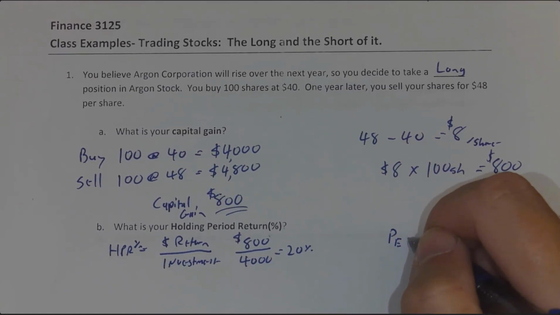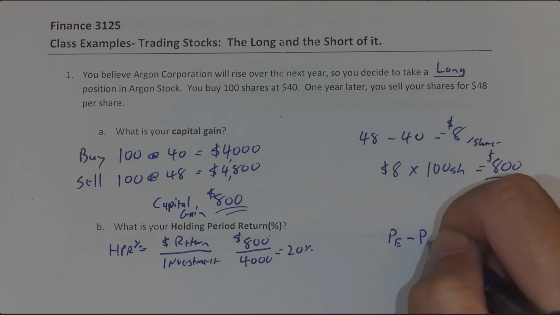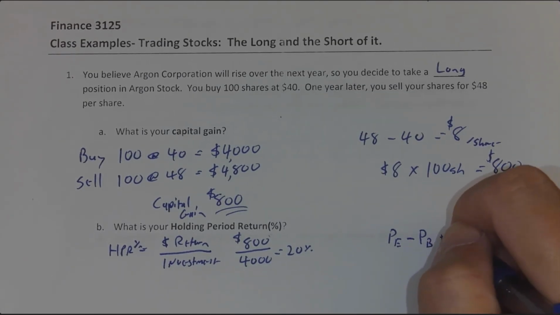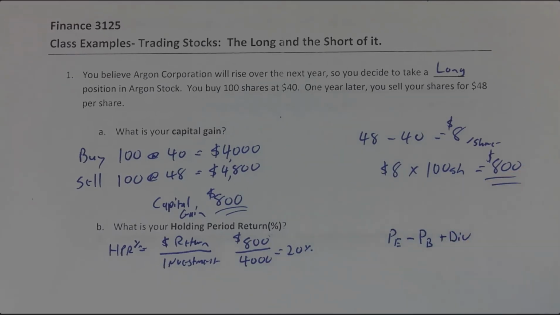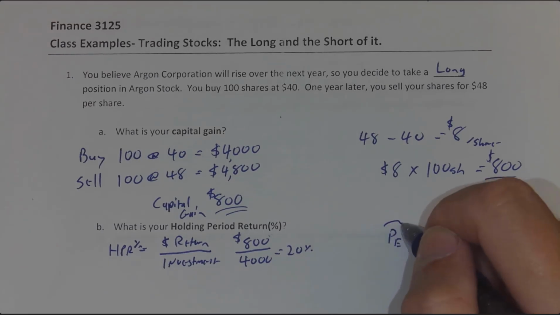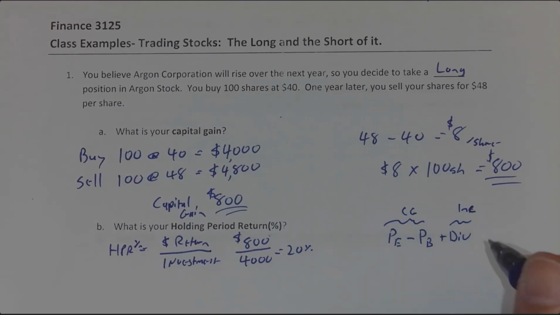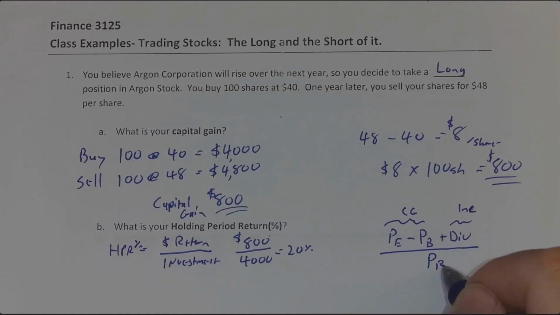So the ending price minus the beginning price, that's our capital gain, plus any dividends, that would be the income component. Then I'm just going to divide that by what we invested, the beginning price.